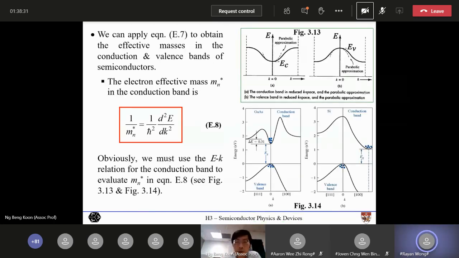The effective mass is positive because if you take the second derivative of a minimum parabolic curve, you get a positive value. A minimum point gives a positive second derivative; if it's negative, it's a maximum point. So in the case of the conduction band, if you do a second derivative, the value you get will be positive.